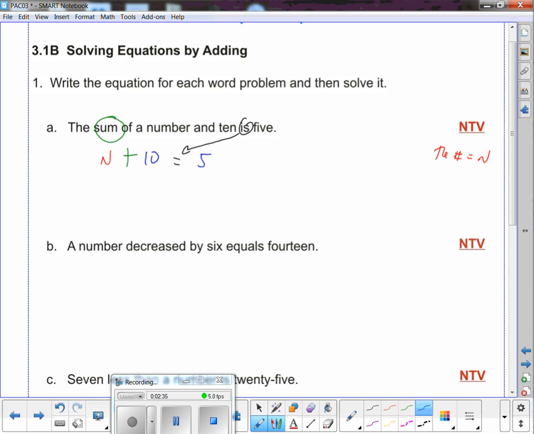Okay, somebody raise your hand and tell me what to do next to solve this. Brendan? Okay, I'm not really turning the 10 into anything. The 10 is a 10, and it's there. I'm adding the opposite of it to both sides of the equal sign.